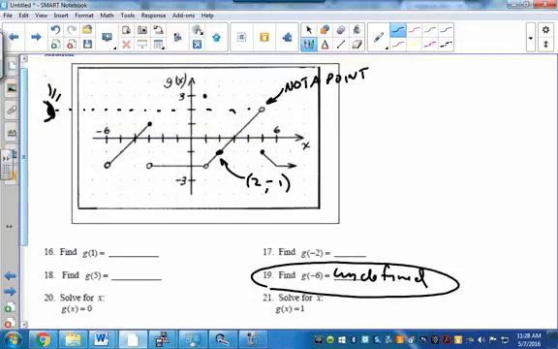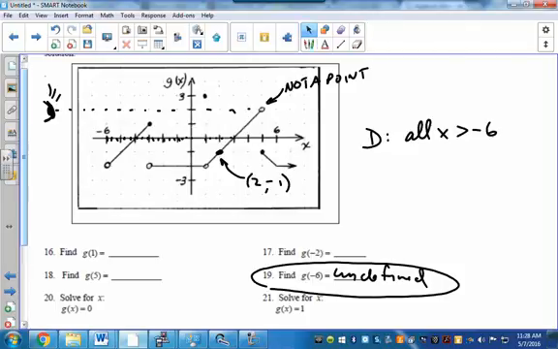Or there is an x value of, well, there's x values for lots of things. We might even want to look at the domain. The domain looks like we got x's all along here. In fact, this function is defined for all x values greater than -6. I mean, I could pick any number from -6 up, okay? And I would see a y value at every one of those x values.